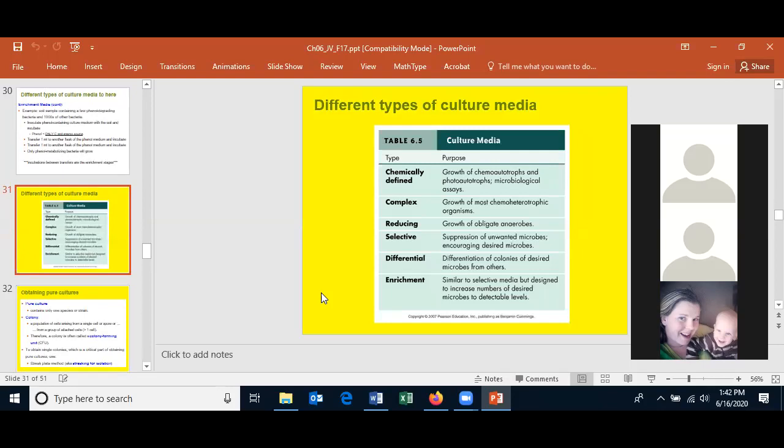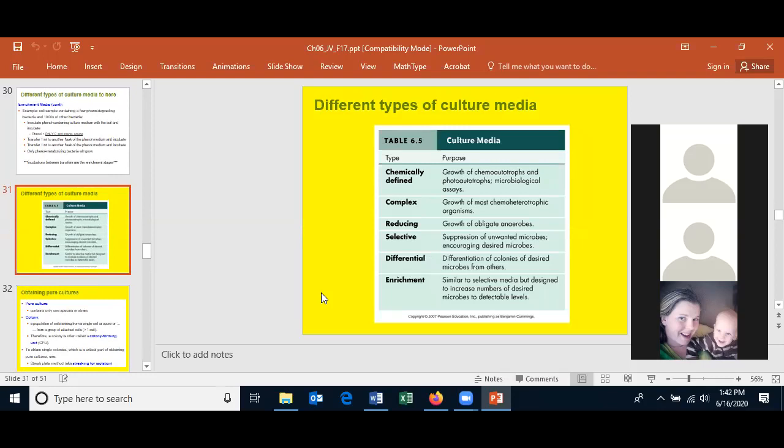So this slide is showing you different types of culture media. We mentioned chemically defined media. That would be where we know all the chemicals in the media, meaning that we add all the chemicals and everything we add, we know what it is.